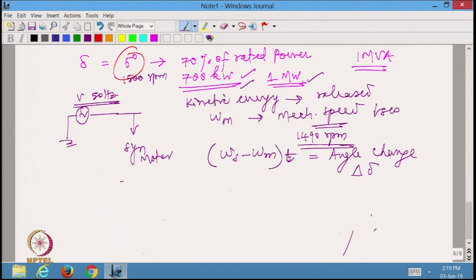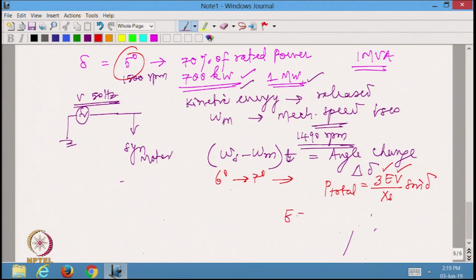Now slowly it will start increasing, it will go to 6 degrees, 7 degrees and so on and so forth. So what we wrote as P total, which is 3 E V divided by XS sin delta, if you look at V, that is a constant, maybe E is also a constant because I have not changed the frequency, I have not changed the excitation.